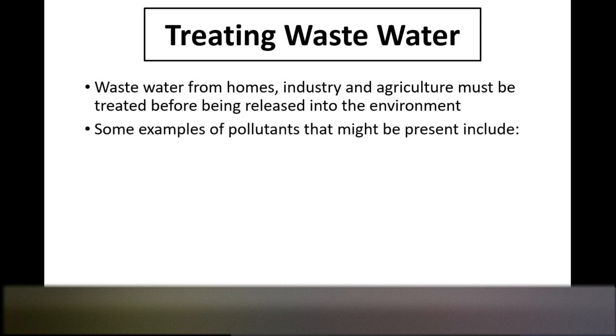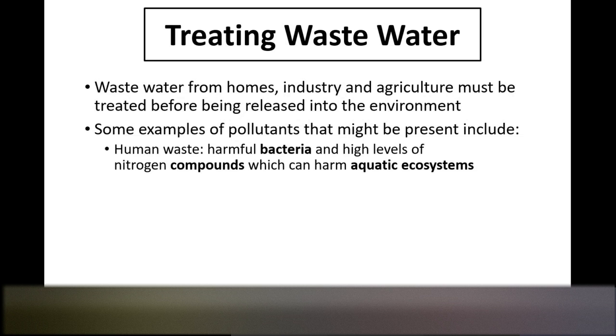Why does this have to happen? Because it will contain pollutants. Some examples of these pollutants, if we're talking about human waste, it contains harmful bacteria and high levels of nitrogen compounds, which can harm aquatic ecosystems. I'm not sure if in biology you have reached the topic of eutrophication.